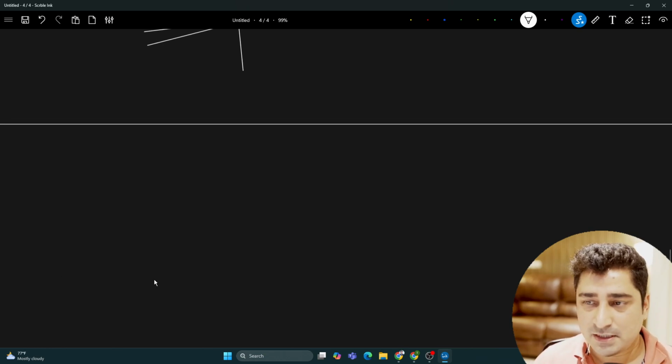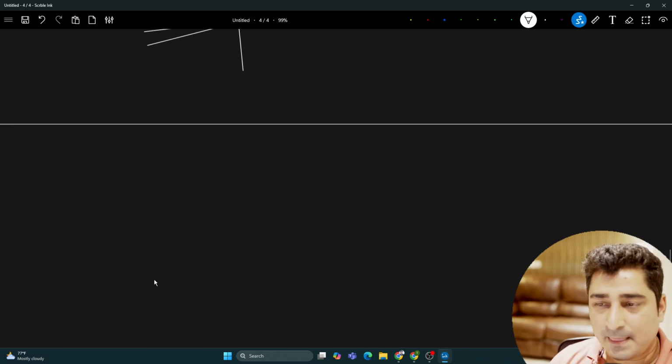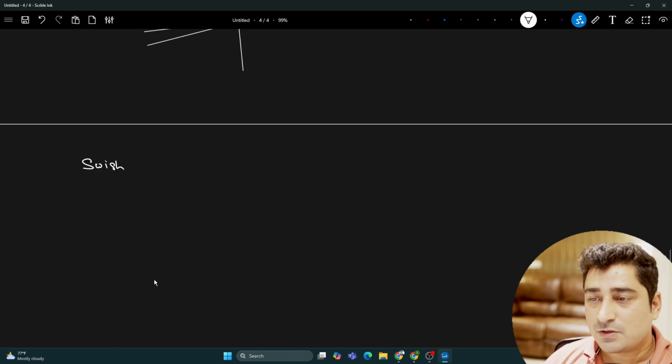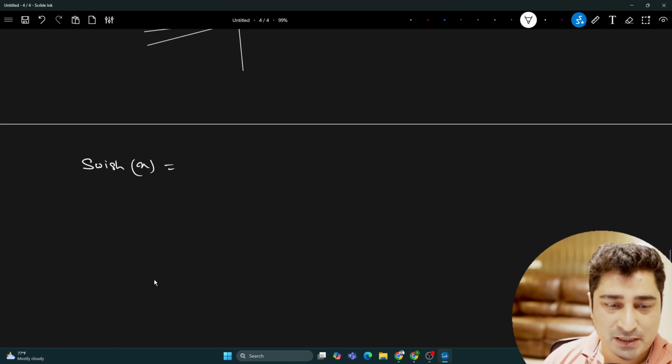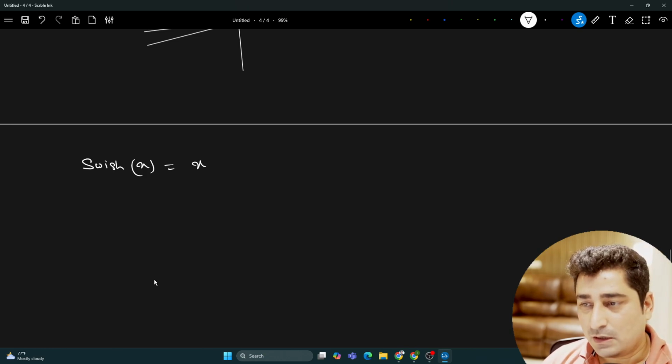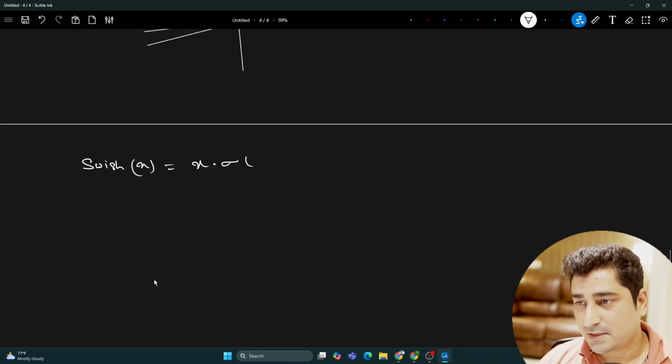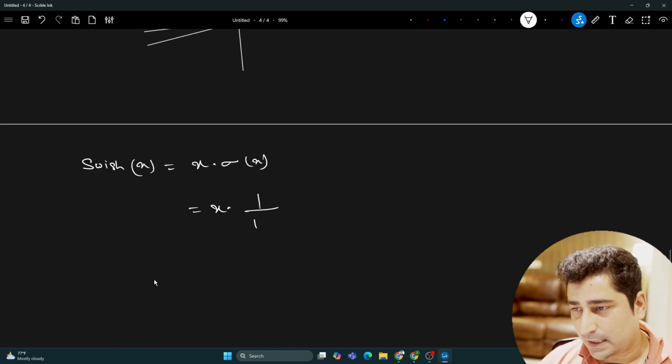The famous function is called the Swish function. For any value that you enter into a Swish function, it is going to give you that value multiplied by sigmoid of x. So technically it is going to be x into 1 by 1 plus e to the power minus x, right?